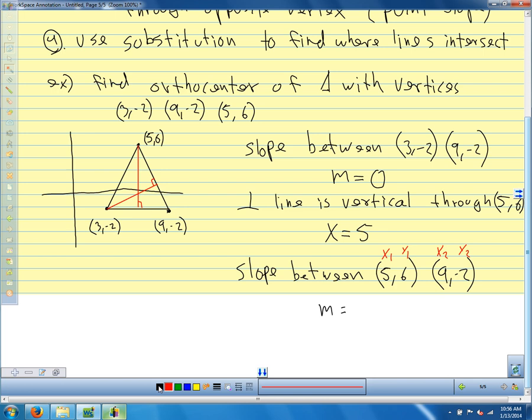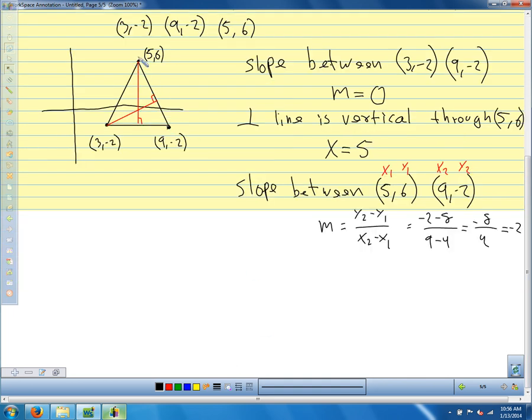Remember how to find the slope? y2 minus y1 over x2 minus x1. So I get negative 2 minus 6 over 9 minus 5. So I get minus 8 over 4, or minus 2. So the slope of this line is negative 2.